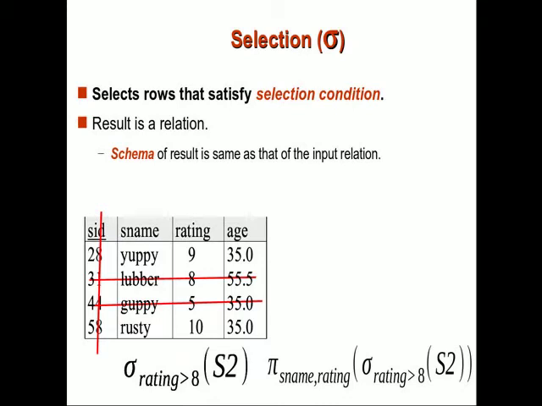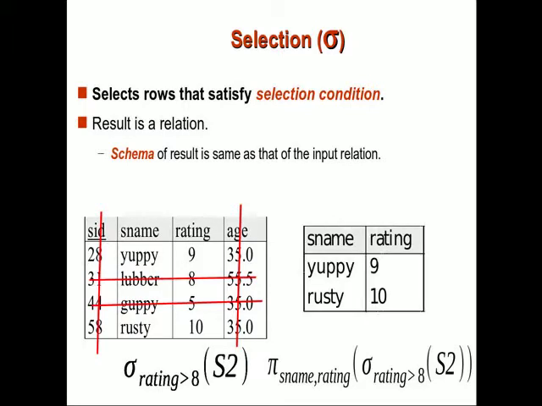And the resulting table or relation consists of columns sname and rating and 2 rows that satisfy the selection condition. So we looked at how the selection operation is performed, and we also looked at how we can combine 2 operators so that we can perform projection on the result of the selection operator.